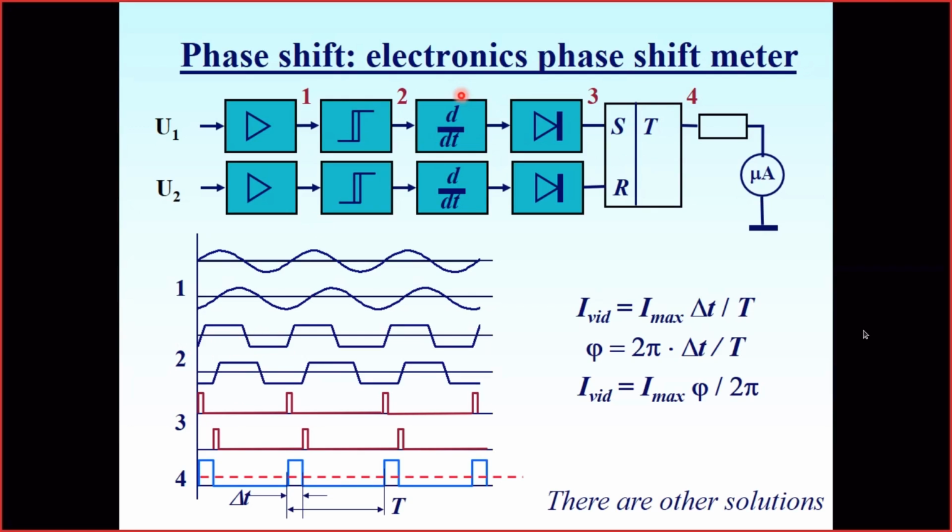So after the differentiator, our signals for every channel will be transformed into such a signal with both positive and negative peaks. The diode just cuts off the negative peaks.